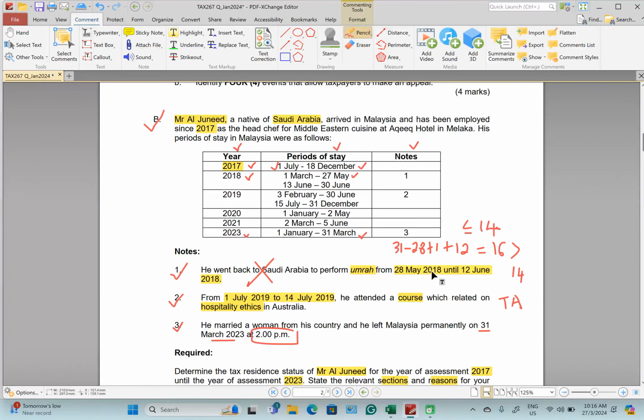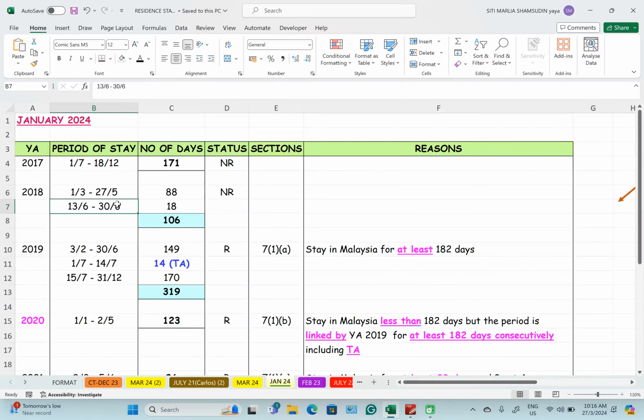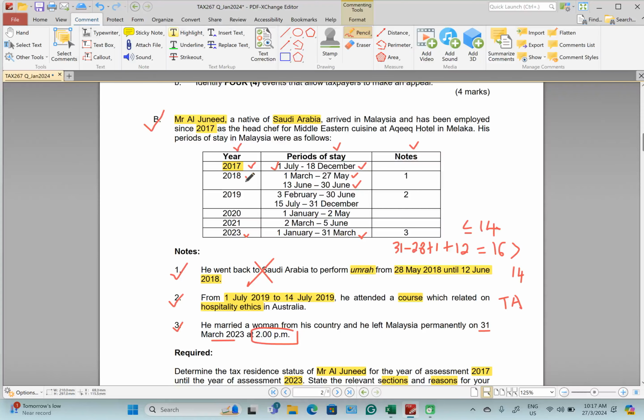So skip 28 May until 12 June. Understood that this one, he was absent from Malaysia. So continue the period 13 June until 30th June. Okay, so done recording for year 2018 and note number 1.